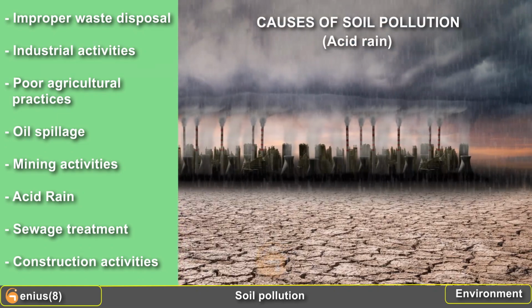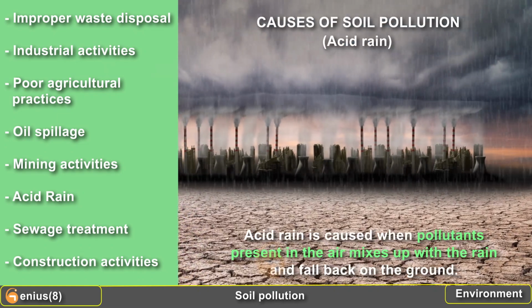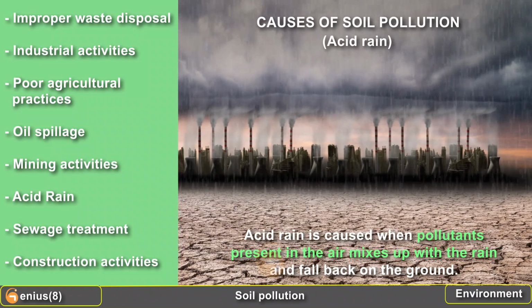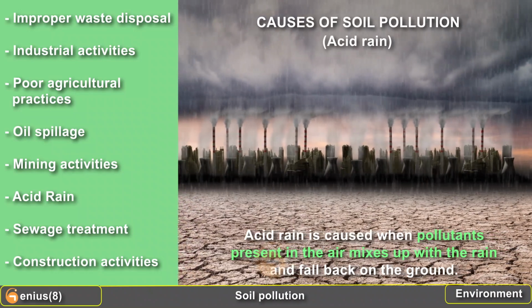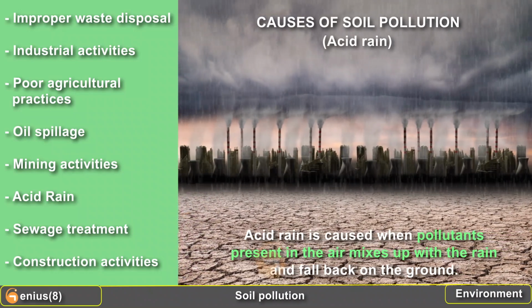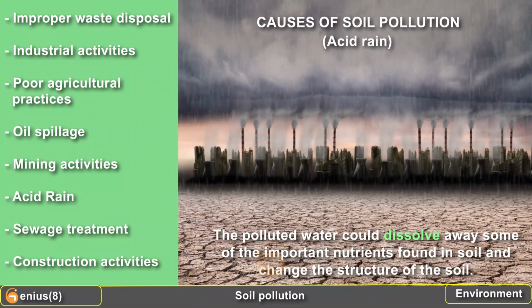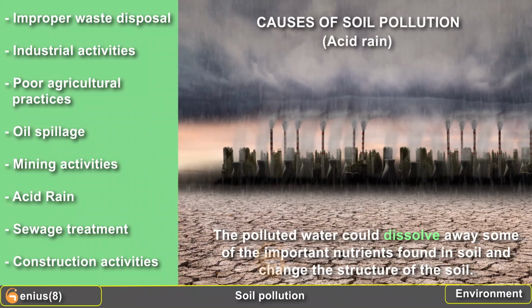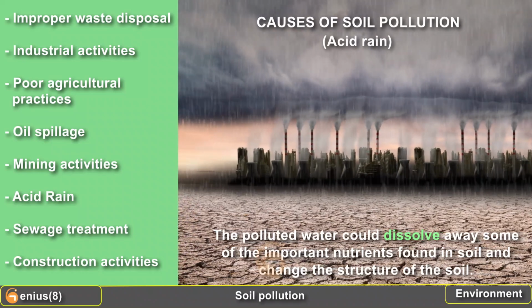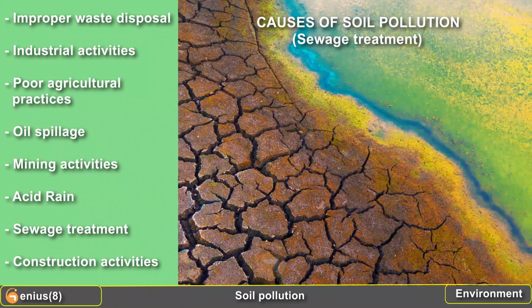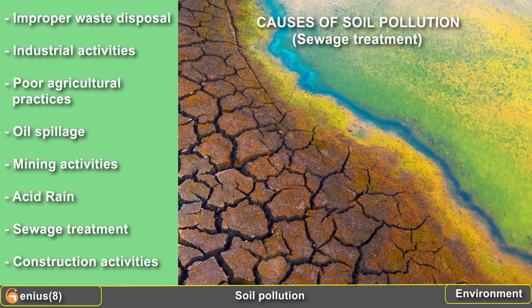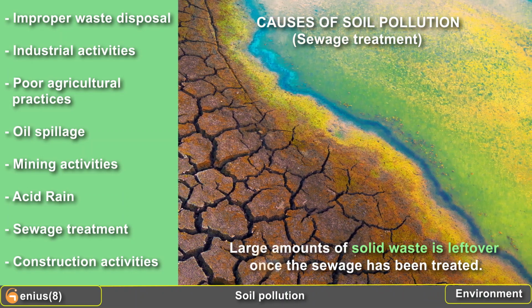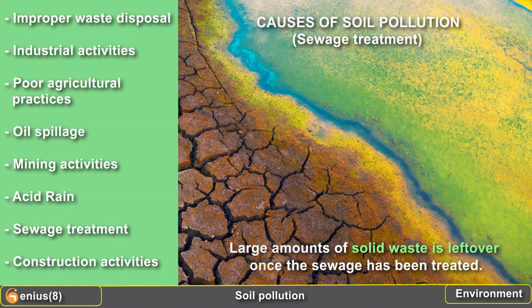Acid rain. Acid rain is caused when pollutants present in the air mixes up with the rain and fall back on the ground. The polluted water could dissolve away some of the important nutrients found in soil and change the structure of the soil. Sewage treatment. Large amounts of solid waste is left over once the sewage has been treated.